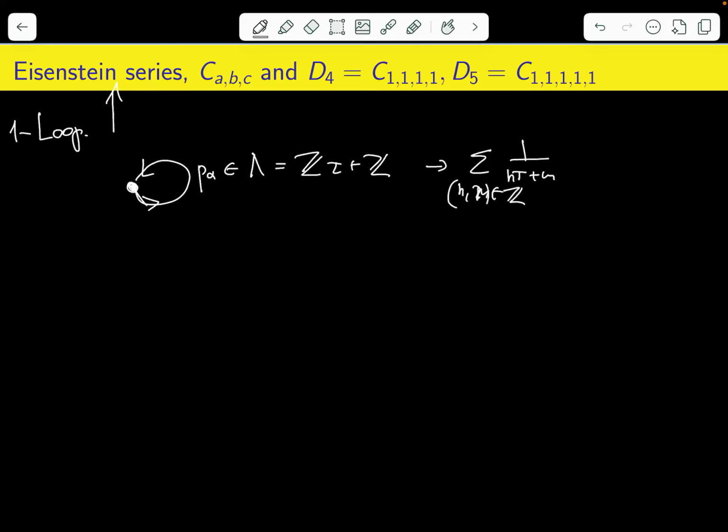Even though it's divergent, you should add something. You should omit the term where n and m are 0. Usually people just write a prime on the sum to indicate omitting the zero term.